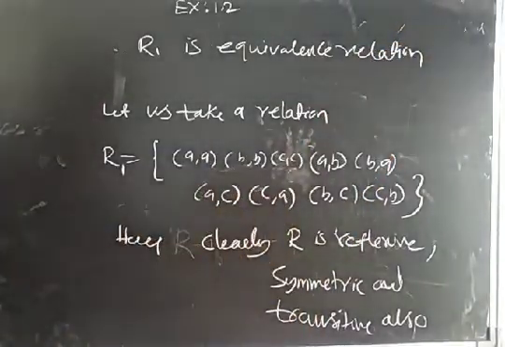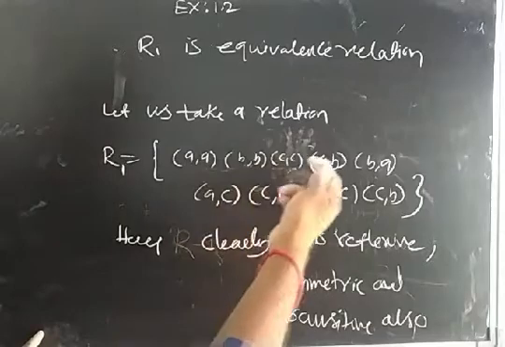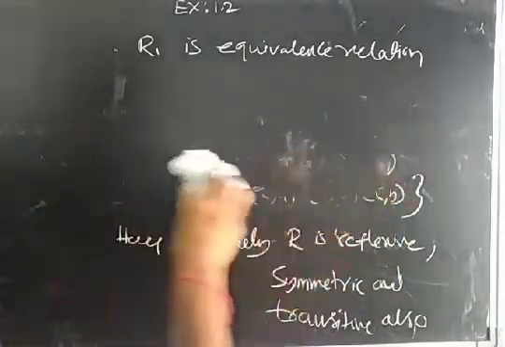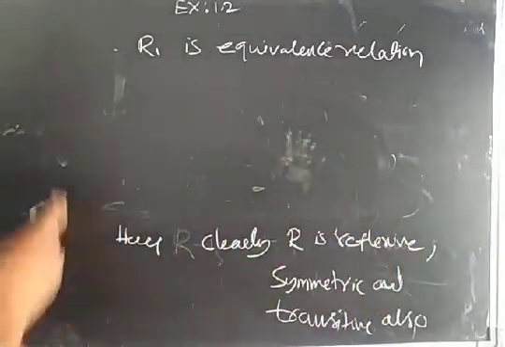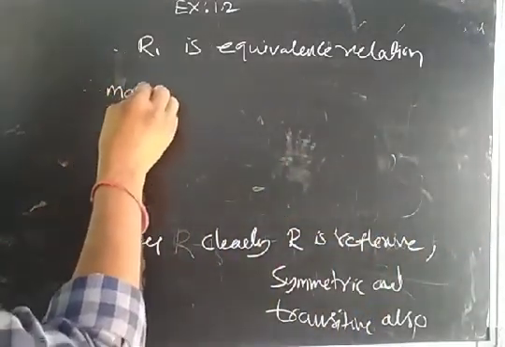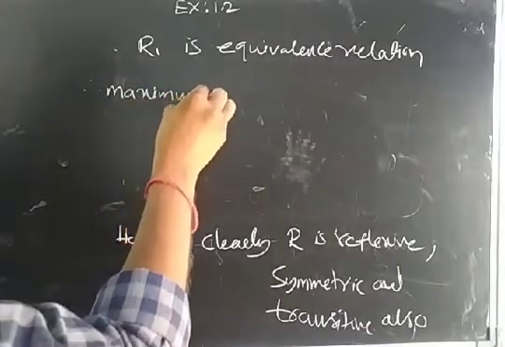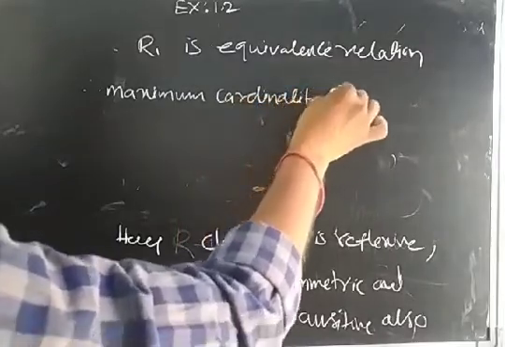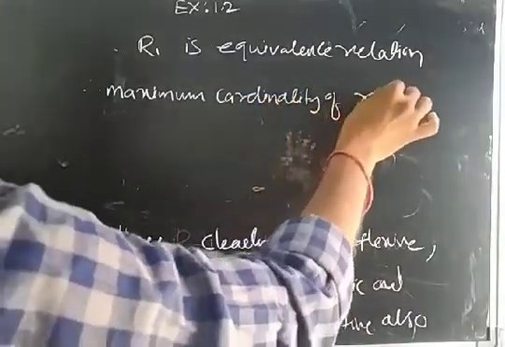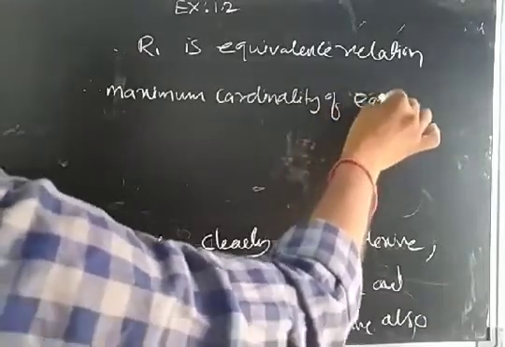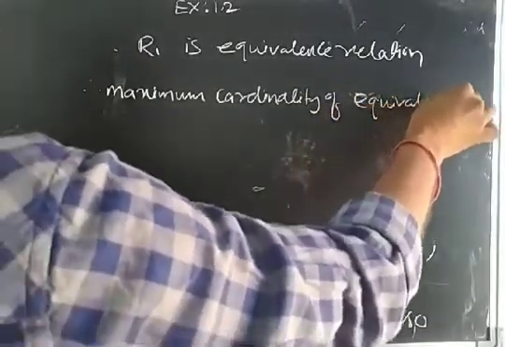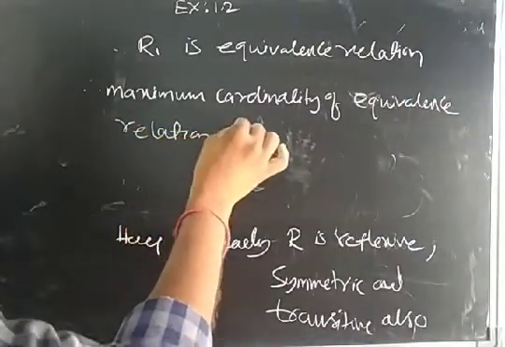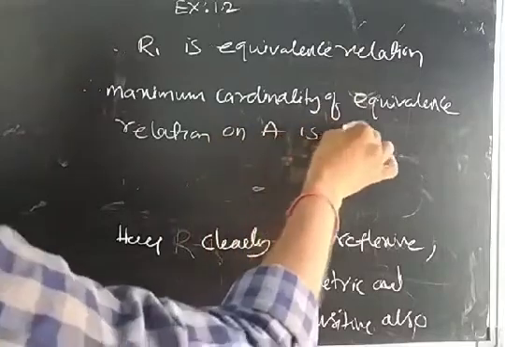So how many ordered pairs have I taken here? 1, 2, 3, 4, 5, 6, 7, 8, 9. All ordered pairs. So the maximum cardinality of an equivalence relation on A is 9.